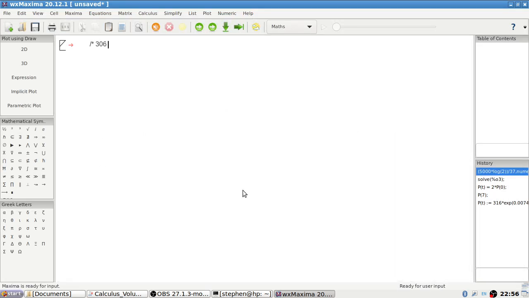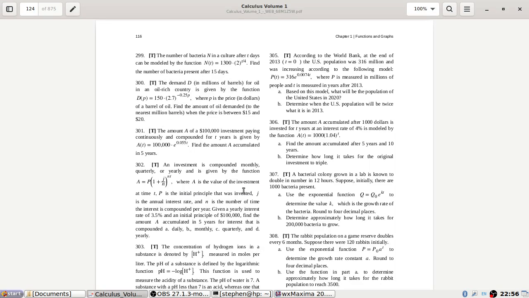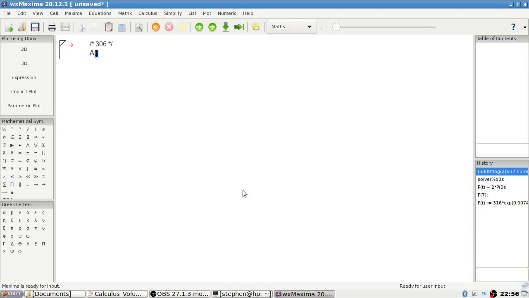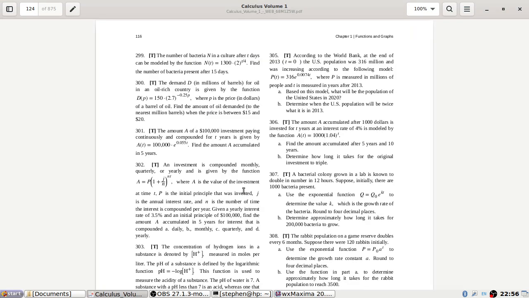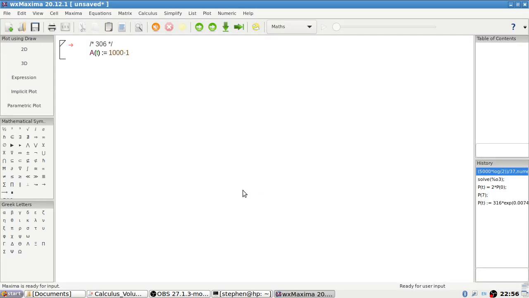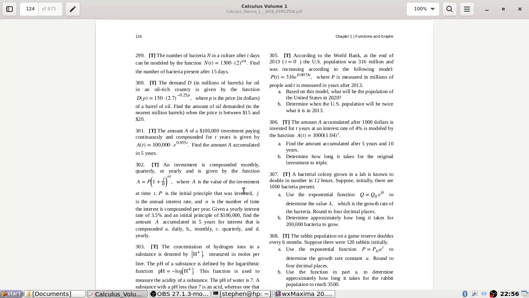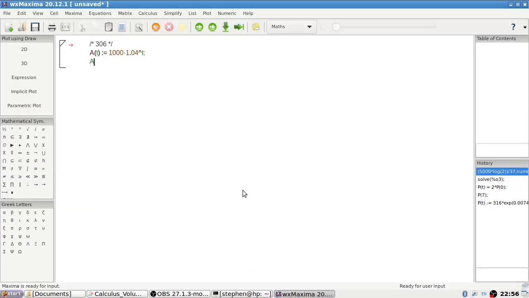306. The amount accumulated in $1,000 invested for 2 years in an average fund model, A(t), is 1,000 times 1.04 to the power t. Find it at 5 and 10 years.